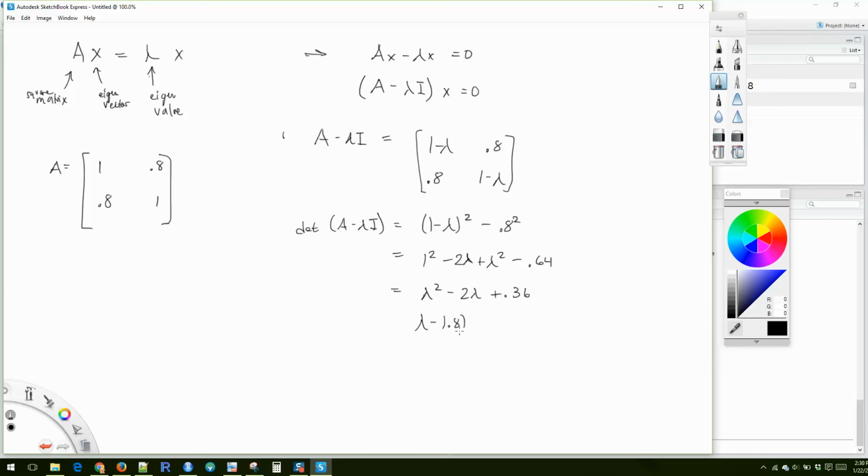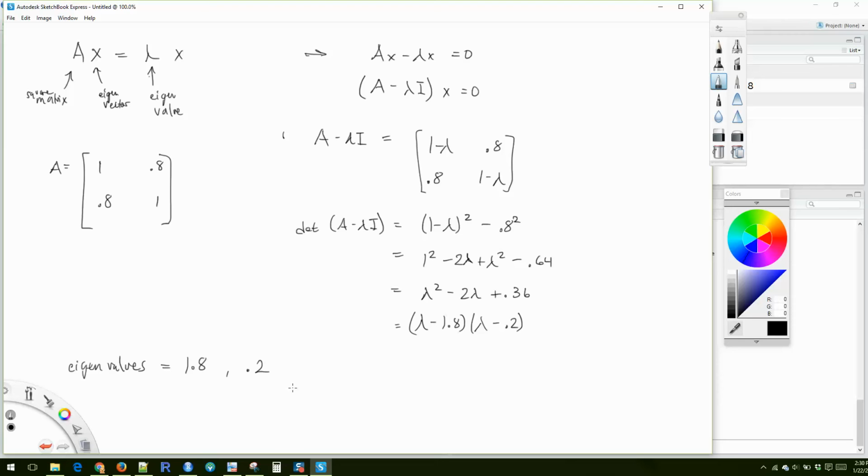This is going to be lambda minus 1.8 times lambda minus 0.2. And these solutions give us our eigenvalues. So our eigenvalues will be 1.8 and 0.2.